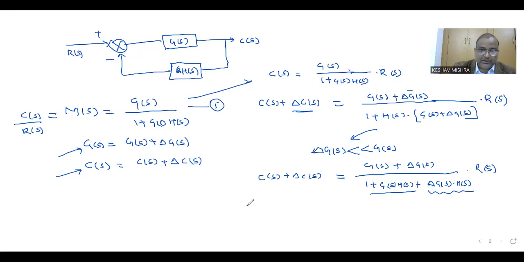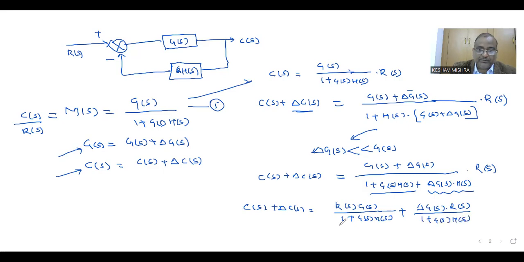So finally we have C(s) plus delta C(s) is equal to R(s) times G(s) upon 1 plus G(s)H(s), plus delta G(s) R(s) upon 1 plus G(s)H(s). The first term is basically equal to C(s), since we have approximated, so these two terms cancel out.